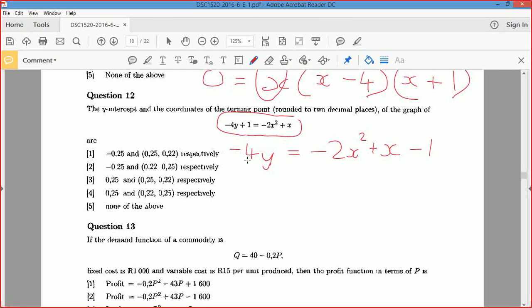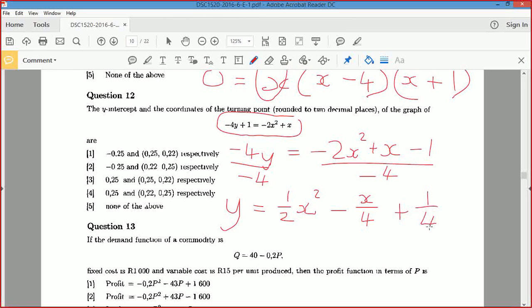No. So I need to get rid of minus 4, so I divide everything by minus 4. So I'll have y equals. Minus over a minus is a plus. 2 over 4 is a half x squared. Then I've got plus x over minus 4, which becomes minus x over 4. Then minus 1 over minus 4 is plus 1 over 4.